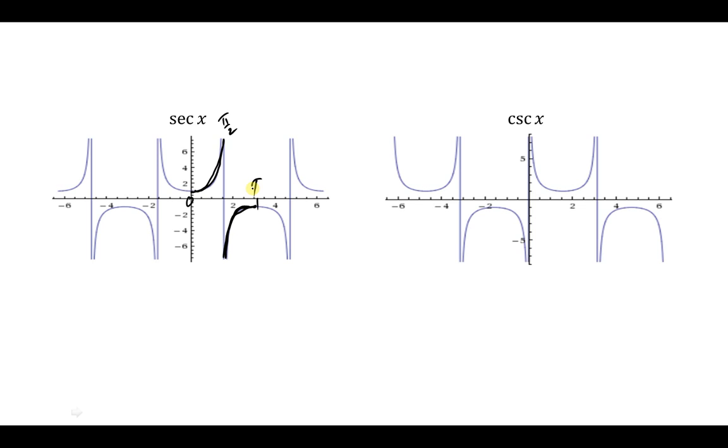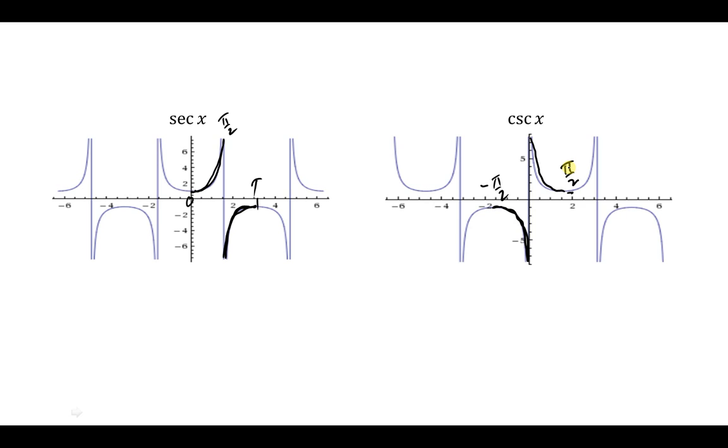With this restriction, the secant function would have an inverse. And for the cosecant function, it's pretty obvious we need to restrict the domain to be, as I'm outlining here, between minus pi over 2 and plus pi over 2.